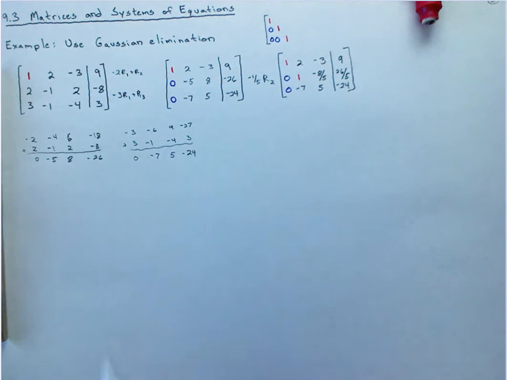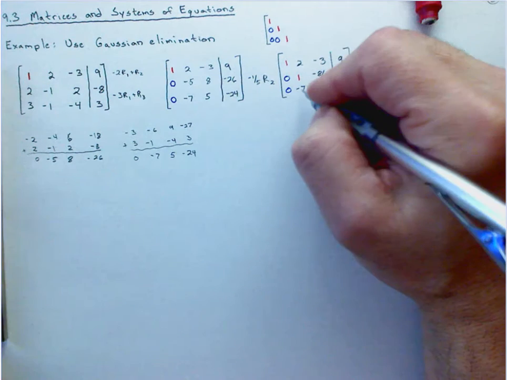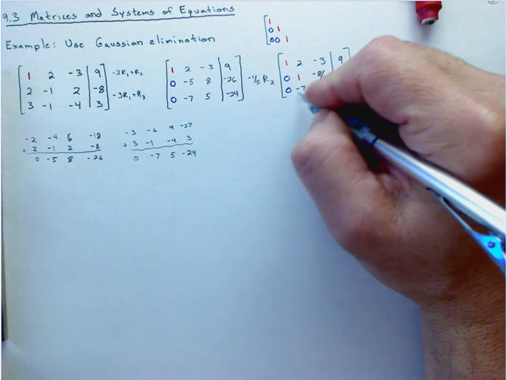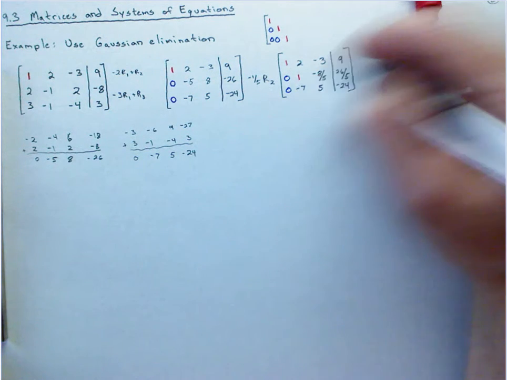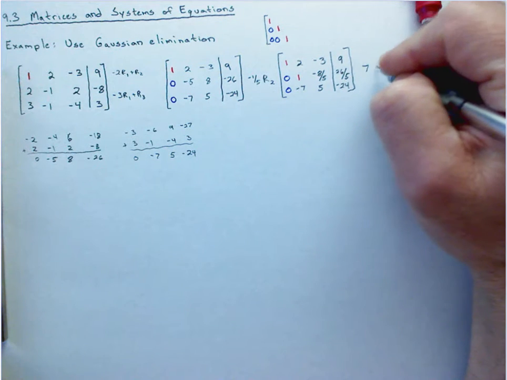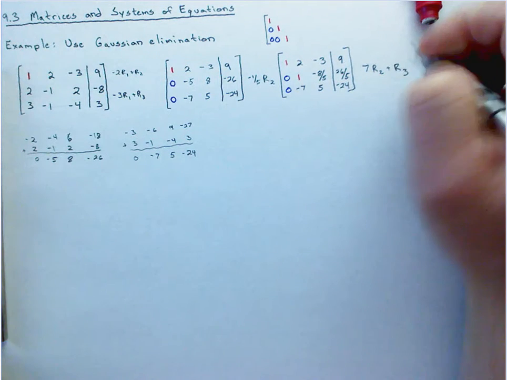So now I can use row 2 to change row 3. I want to make this right here become a 0. So what I will say is 7 times row 2, and I'm going to add it to row 3.